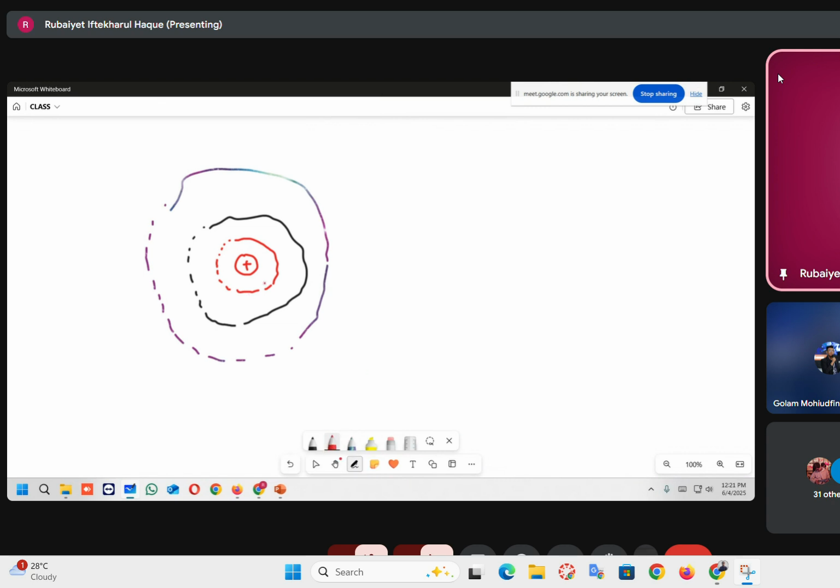Now, this charge is creating the electric field, the electric field lines. Here the electric field is E1, here it is E2, here it is E3. They are different. E1 is larger compared to E2, compared to E3. Why? Because E1 is close to the charge.